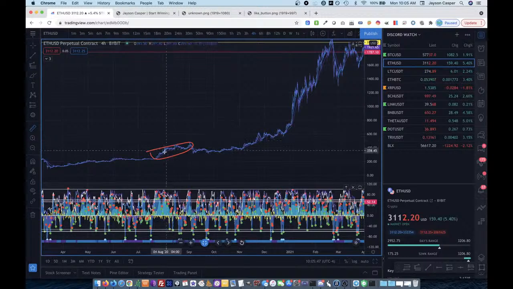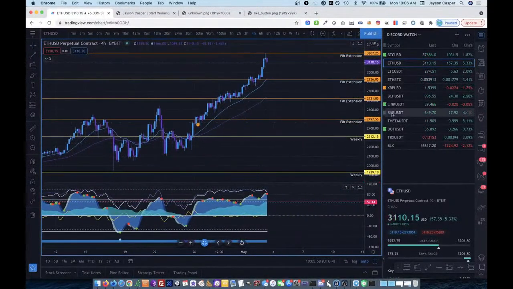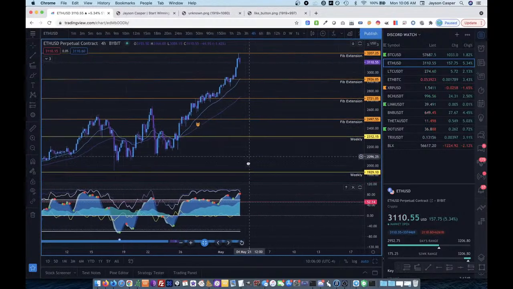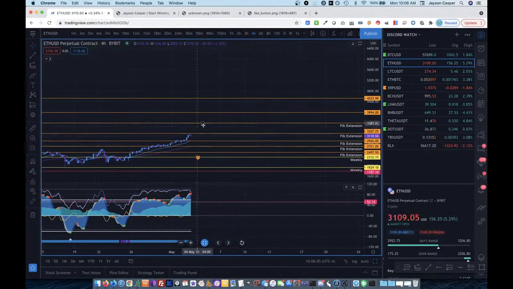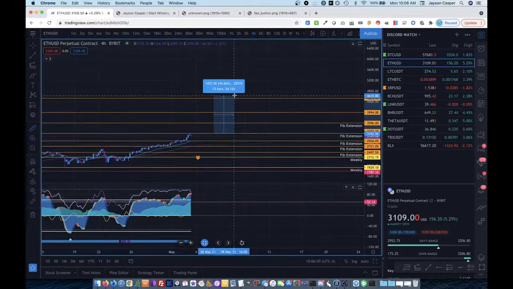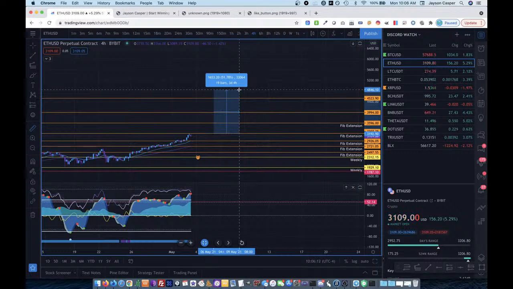So from the time money flow was that thick, we still had another 52% of the move to go. Let's say that's the same case now, where we still have another 52% of this move to go. Well, that's quite a lot of percent. If that's true, that puts us at almost $5,000 Ethereum. So that's pretty crazy.